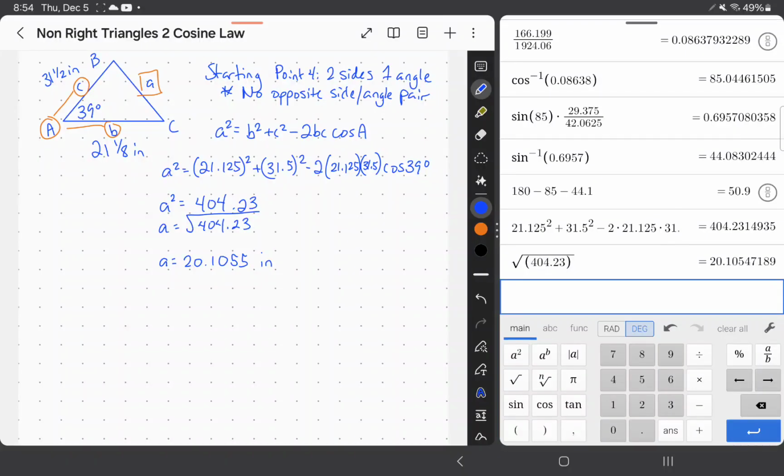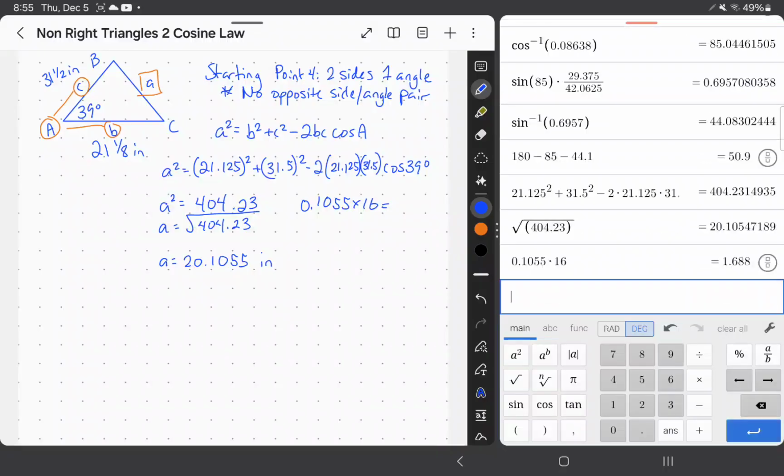So I'm going to convert this. I just want the decimal part here, so I'm going to take the 0.1055 and times that by 16 to get the numerator of the fraction, the nearest 16th of an inch. So 0.1055 times 16 is 1.69, not 66.